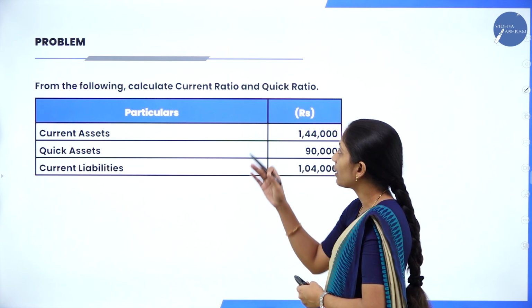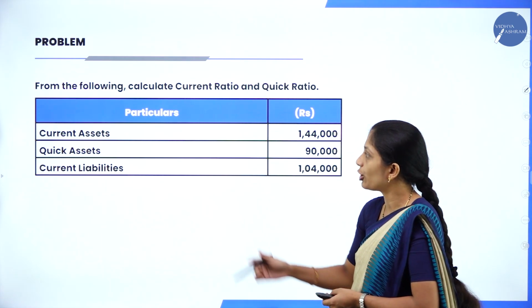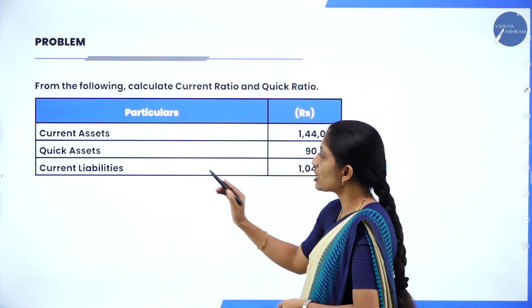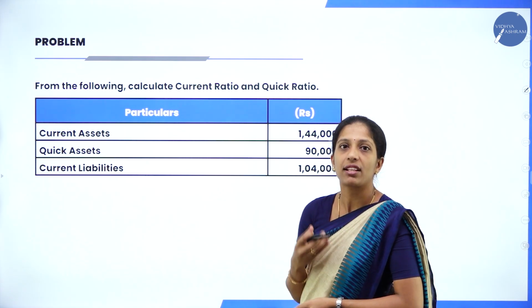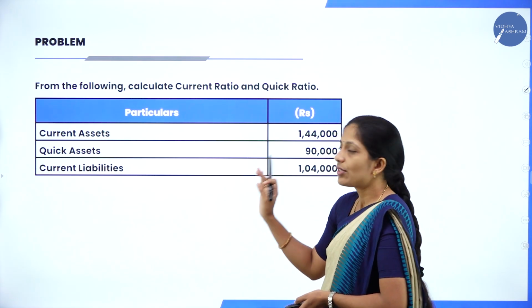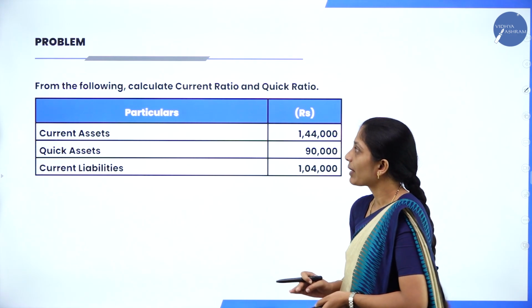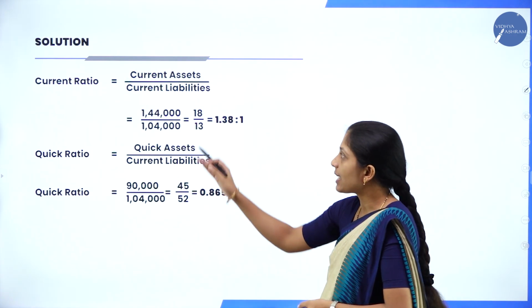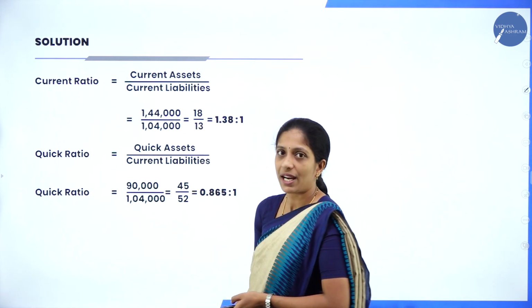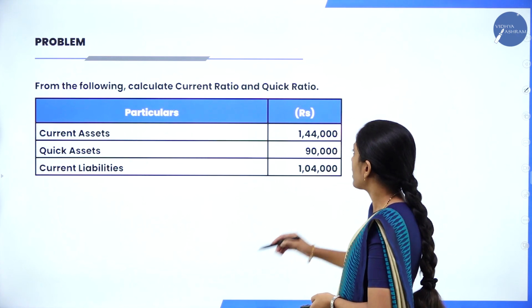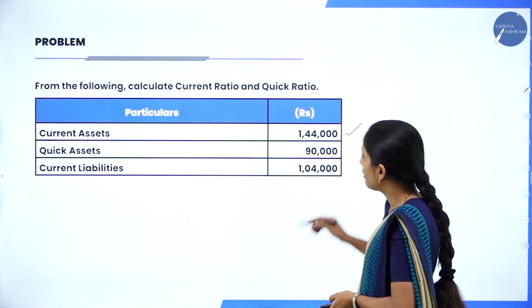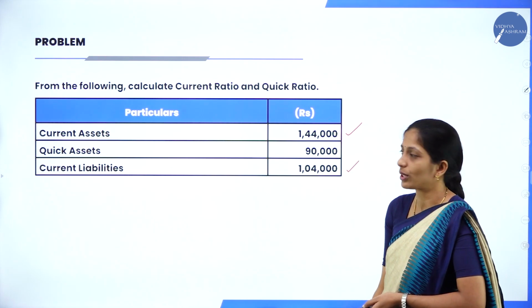From the following, calculate current ratio and quick ratio. They have given current assets, quick assets and current liability. Everything they have given us directly, you just have to apply the formula. Your formula is current ratio is equal to current assets divided by current liabilities. So current assets 1,44,000 divided by current liabilities 1,04,000.